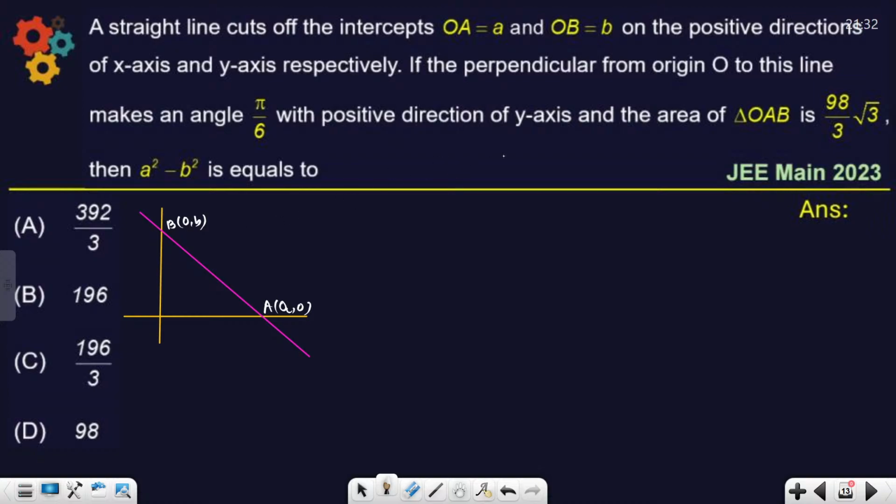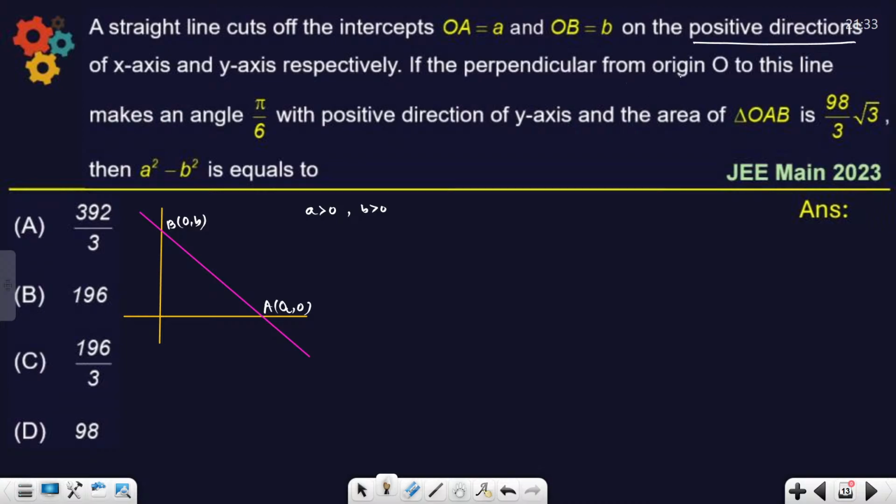And what is the question given? On the positive direction of the X and Y axis, that is, your A is greater than 0 as well as B is greater than 0. That is why I have chosen this line in the first quadrant.